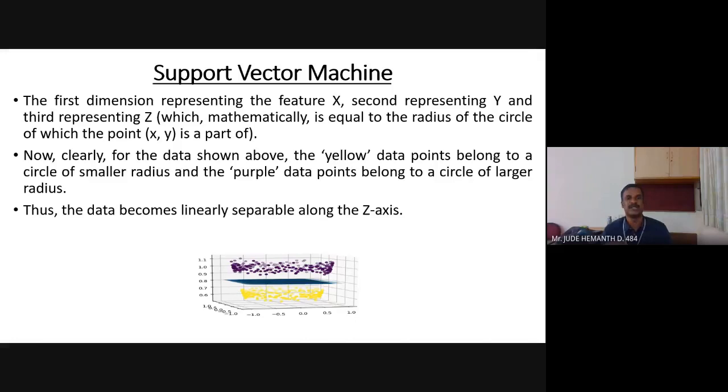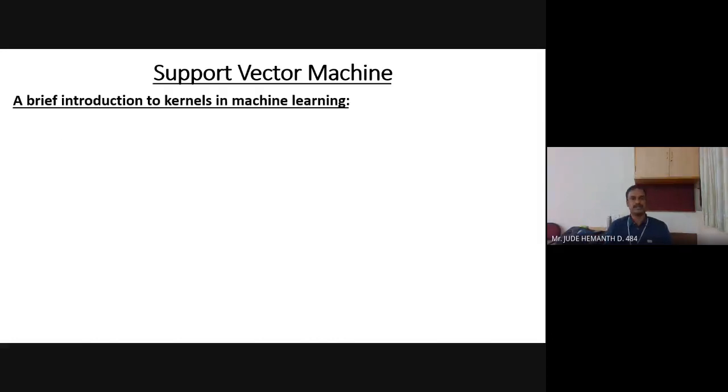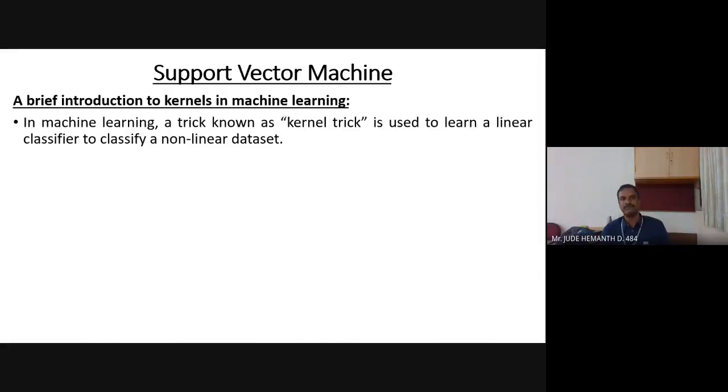So my question is, in SVM, how can we include this process of converting 2D into 3D? In machine learning, there is a trick known as the kernel trick. If you have referred to any blogs or websites about machine learning, you will normally come across this word, kernel.